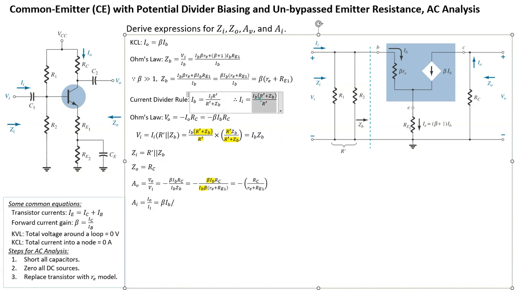So IB will cancel out, and R prime will be at the top. ZB contains a beta, so it will cancel out with the beta at the top as well. Let me rewrite this part with ZB intact for now.